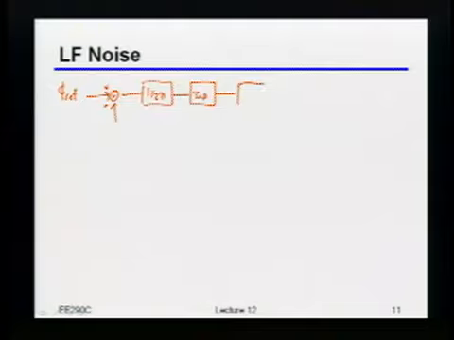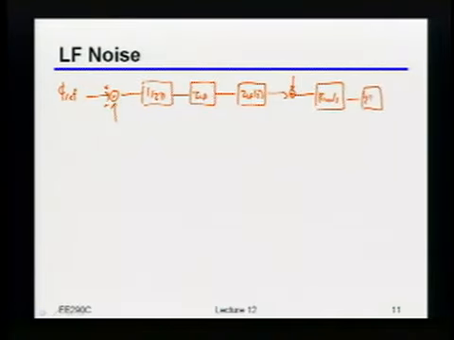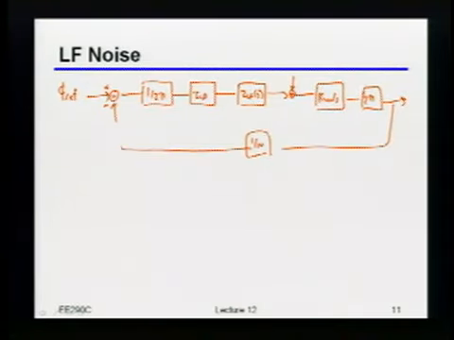I'm again just going to draw out our model here. I'm going to have the 1 over 2 pi, add in my charge pump, and then I'm going to have my loop filter. Then that's the VCO over here, with my 2 pi again, and then finally the feedback, coming back over here.